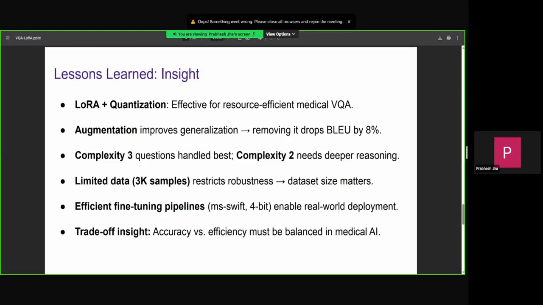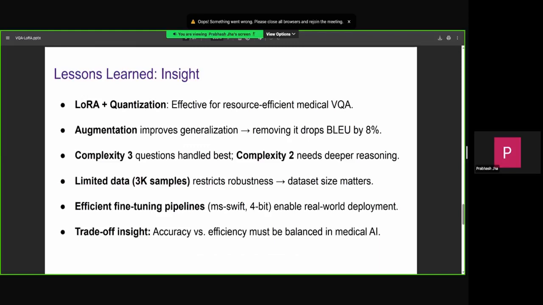We handled complexity 3 questions well, but complexity 2 needed deeper reasoning. With a limited data set of 3,000 samples, our data size actually mattered.